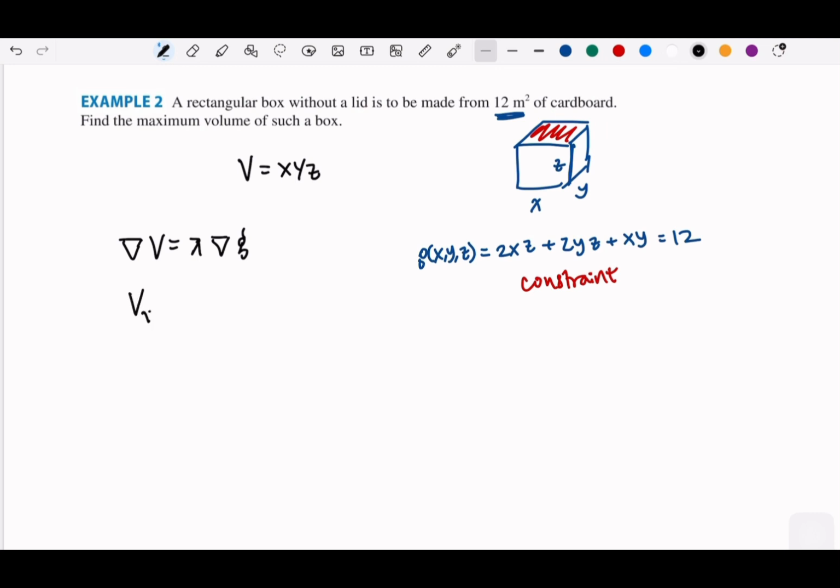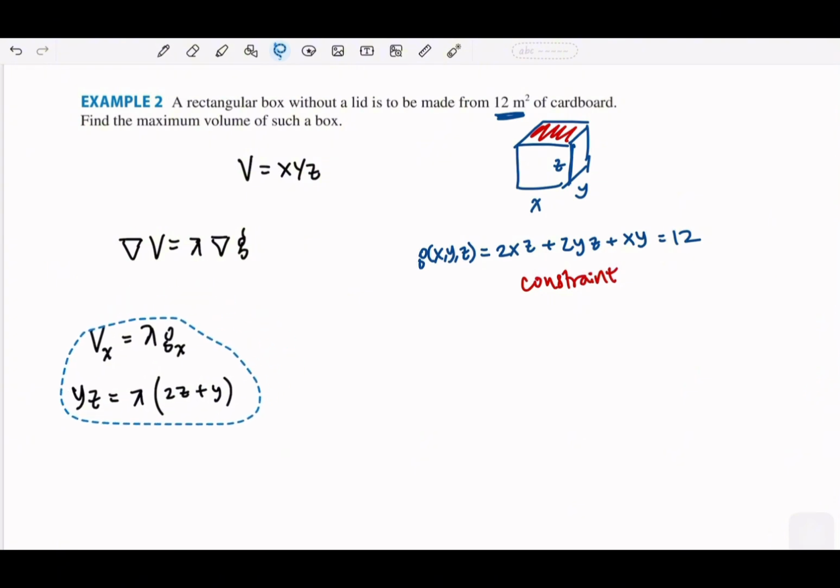So partial v with respect to x will be equal to lambda g_x. So v_x will be yz. This is lambda, and then g_x, the partial of g, is 2z plus y, right? And then do the same for the other parts, y and z.